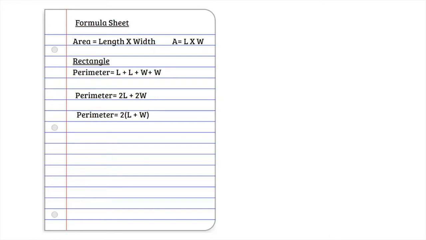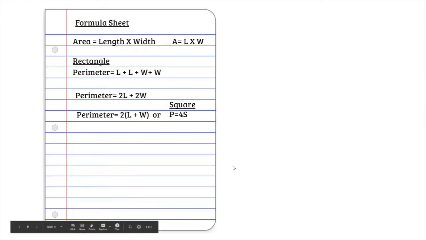Finally, we learned that perimeter equals 2 times (length plus width). Because I have parentheses there, I add length plus width first, and then I multiply that by 2. And if you're finding the perimeter of a square, we can add in that perimeter equals 4S.